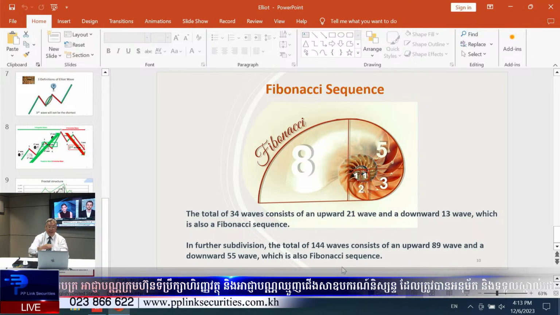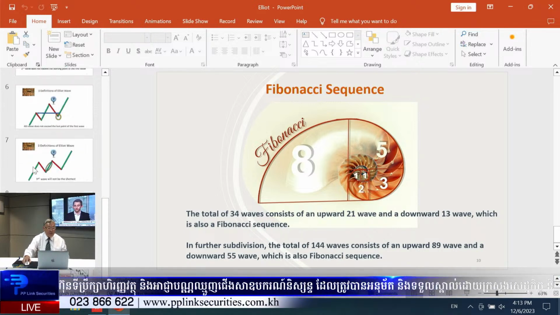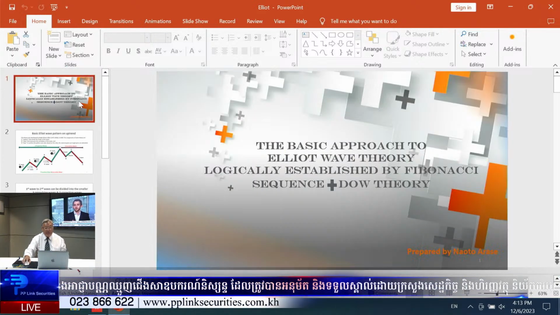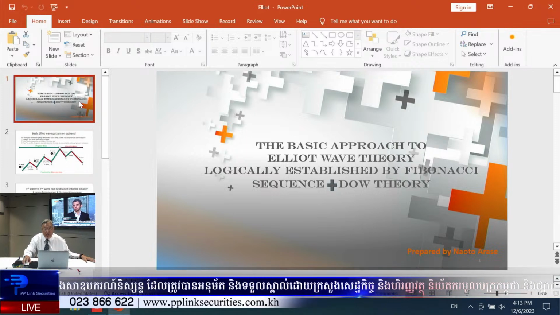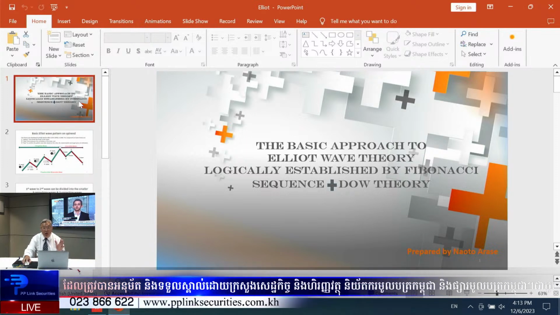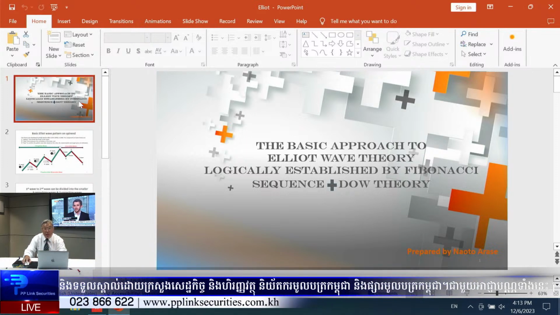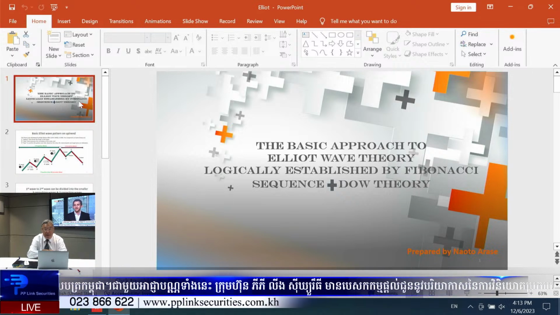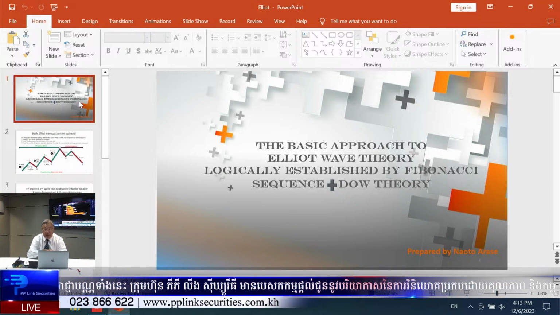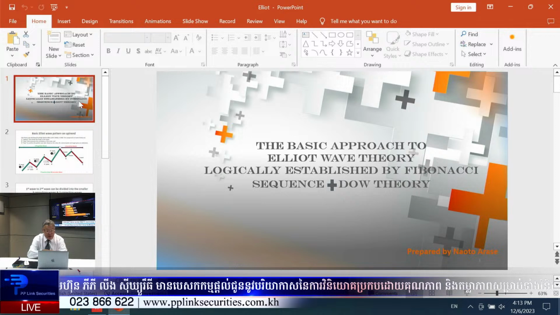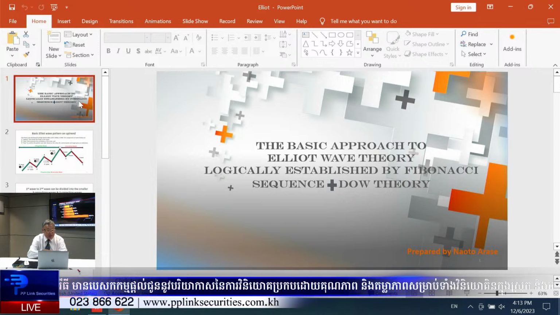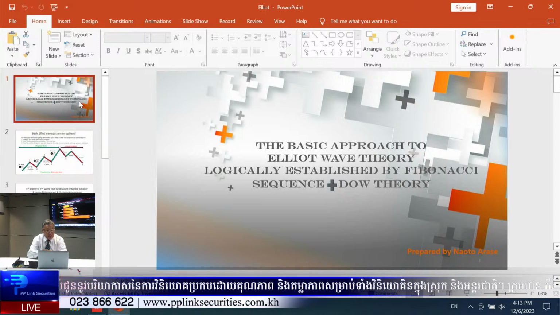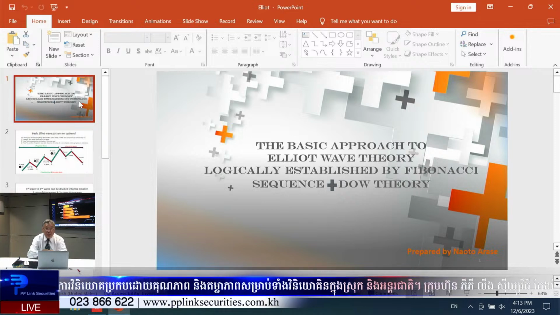And moreover, if I go back to the first page, this Elliott wave theory is also related to the Tao theory, okay? Sometimes I utilize this Tao theory in my analysis. So next year, I would like you to study Tao theory, okay? Maybe tomorrow, I would like to give you some ideas on Fibonacci.